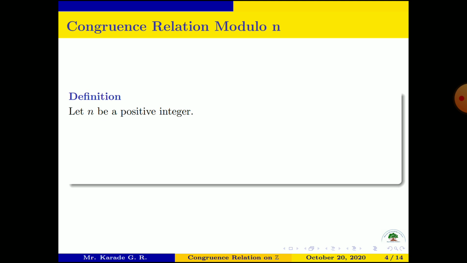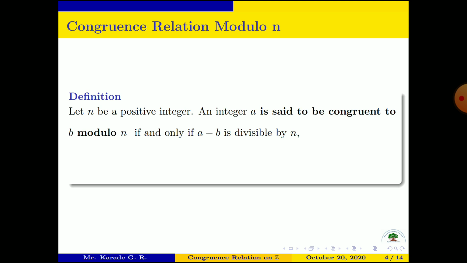So let n be a positive integer. An integer a is said to be congruent to integer b modulo n if and only if a minus b is divisible by n. See the definition. Definition is very simple.